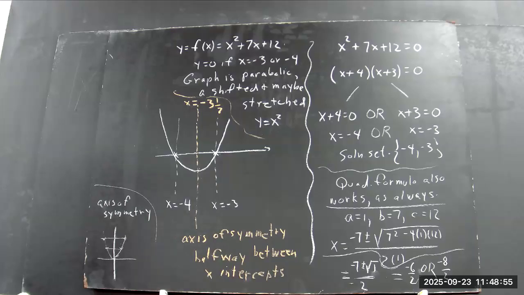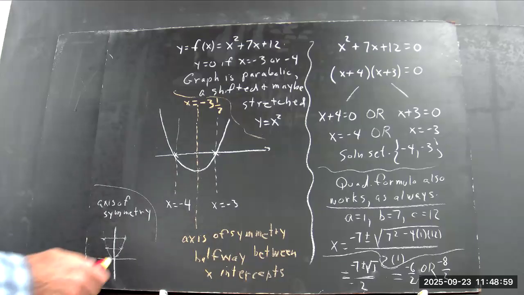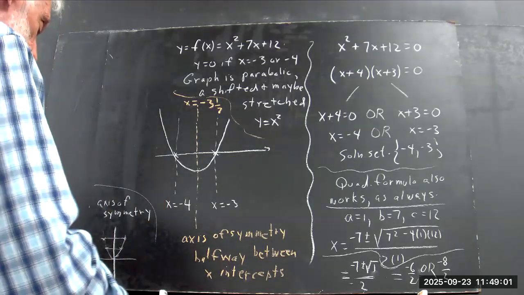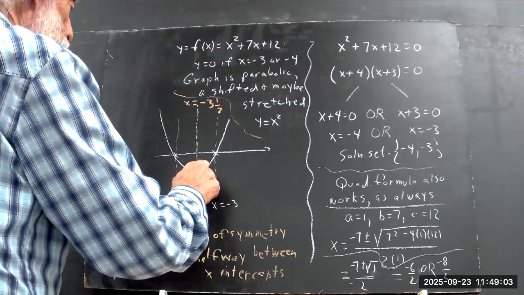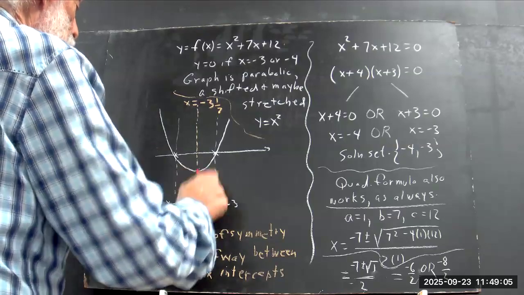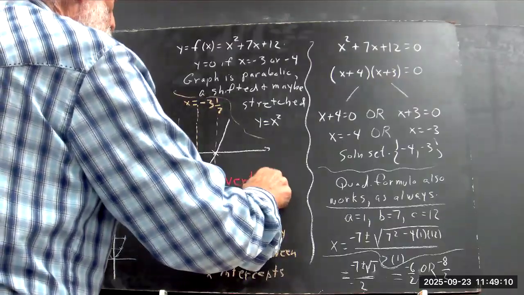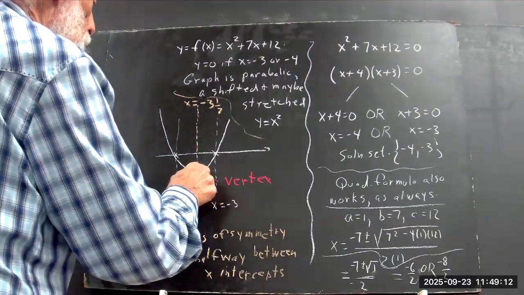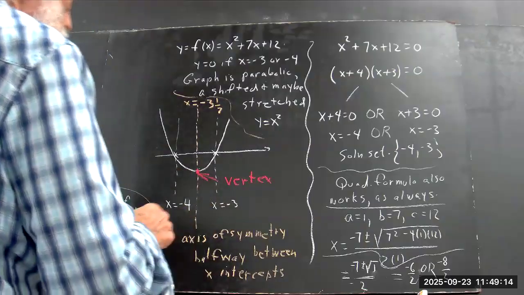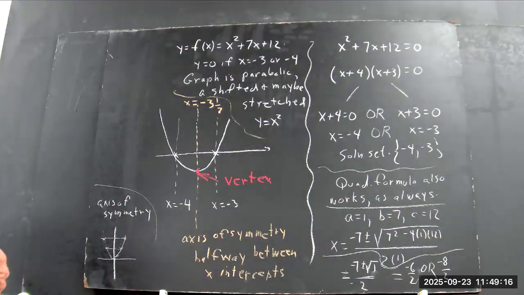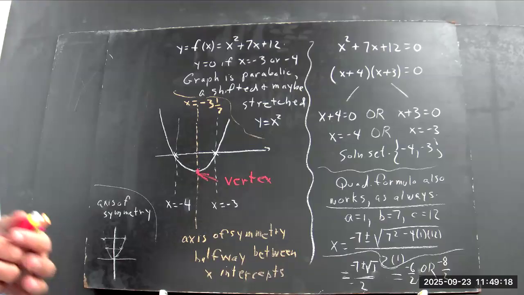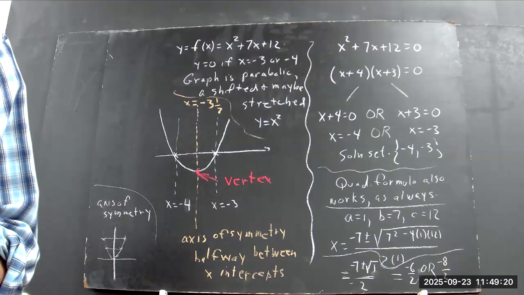Now that all should make good sense. Here's your vertex. I use a red dot because that corresponds to what I've done in pre-calculus.